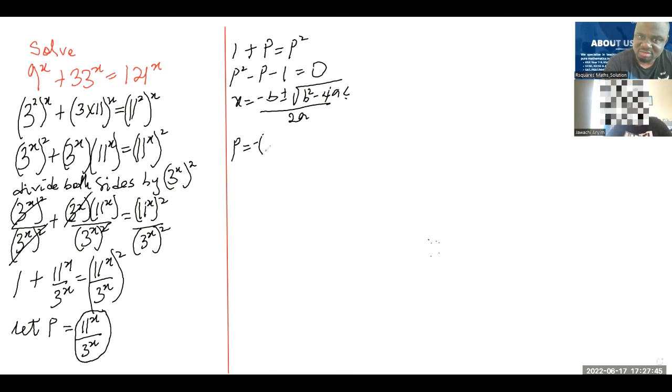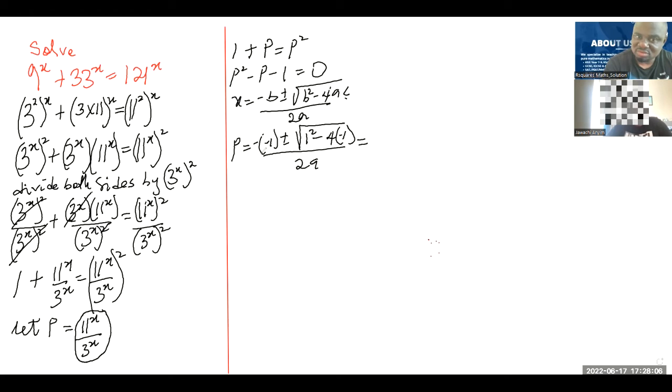We have minus -1 plus or minus the root of -1 squared is also 1 squared, minus 4, a is 1, c is -1, all over 2a.